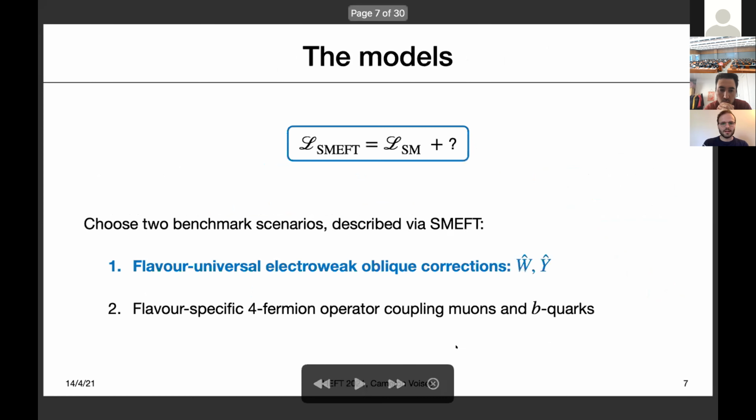Okay, so now we have the process we're going to look at. We would like to pick some benchmark scenarios in which we can study the interplay between PDFs and the SMEFT. So in our paper, we look at two different models. So first of all, we have a flavor universal electroweak oblique corrections.